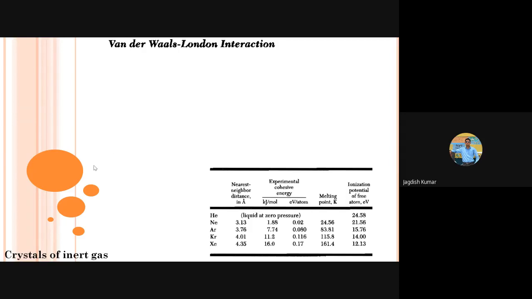Now suppose you have a bigger sphere and a smaller sphere. It is usually easier to distort a bigger atom than a smaller atom, because in a bigger atom the outermost electrons are far away from the nucleus and they are less strongly bound. We can say they are weakly bound.